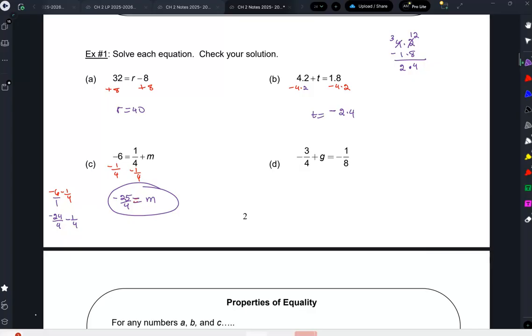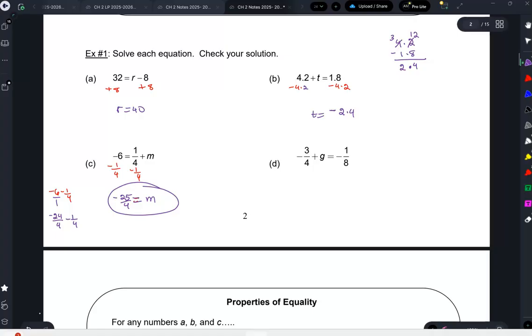All right. Okay, here. Kira, what am I going to do for the next one? You're going to do plus. Okay. Yeah, so we're going to add 3 over 4. Add 3 over 4. So now let's see what I have. G equals. Now this is a little bit of a mess, so I want to write it in a way that is easier for me to solve.